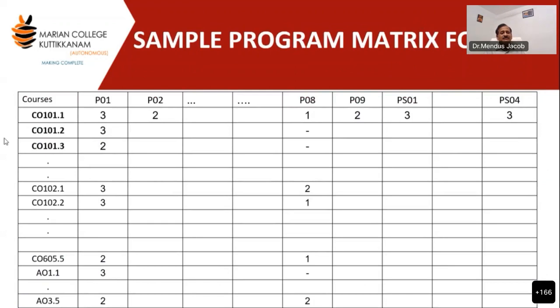Yeah, this is the way. We will write all the course outcomes in the first column, and we will map all these course outcomes to the POs and PSOs respectively. This is the sample program matrix. So here we are considering the course outcomes only, not a student-based mapping.